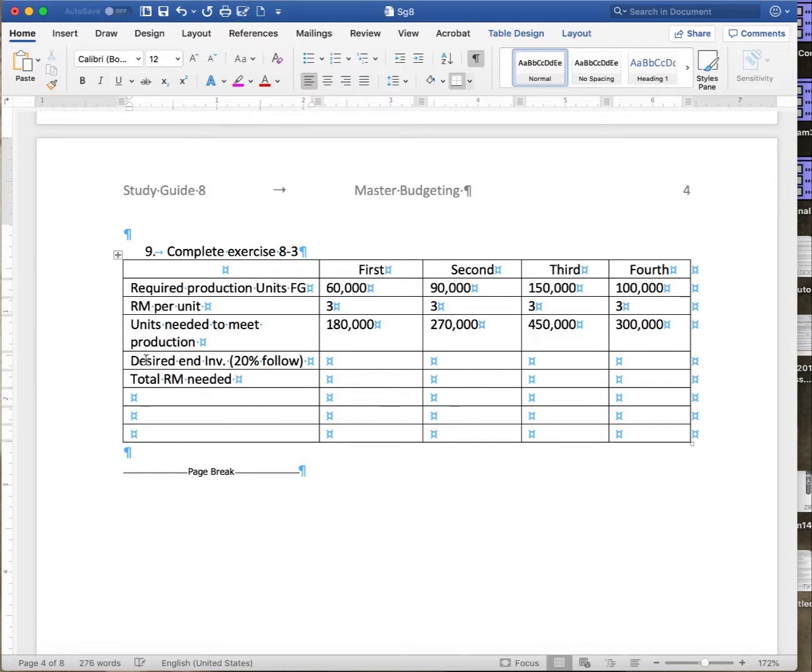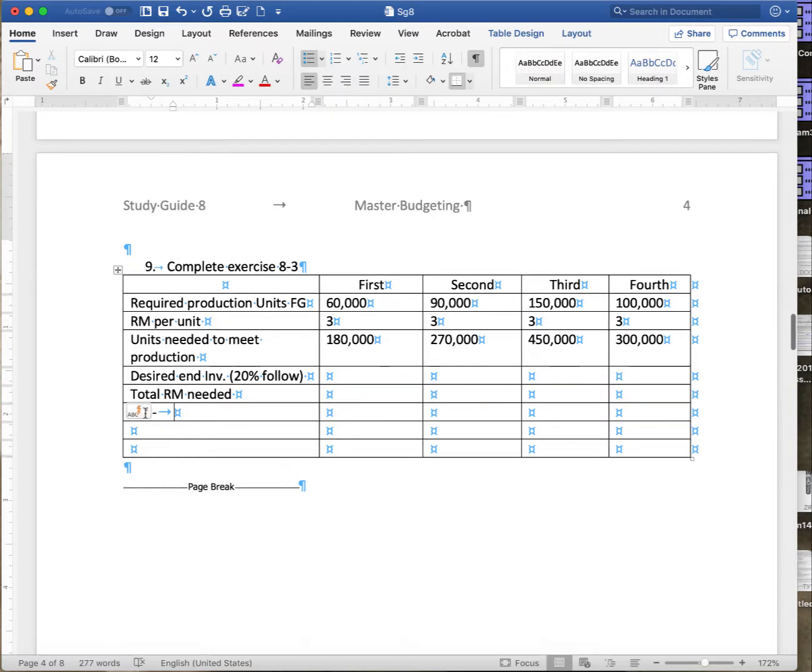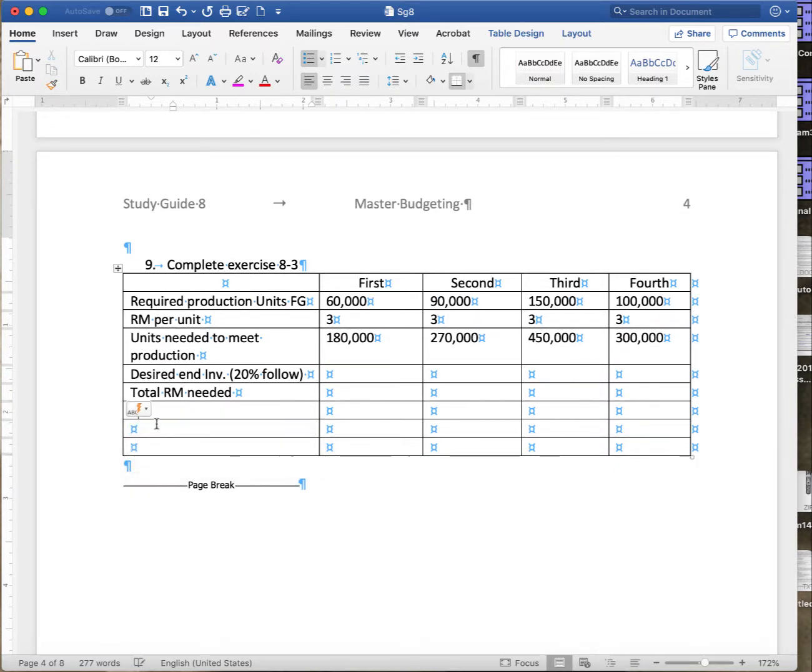From that total needed, remember, if I have a desired ending inventory, I must have a beginning inventory. So I'm going to subtract out my beginning RM, or raw materials inventory.